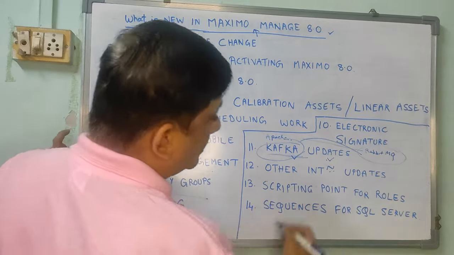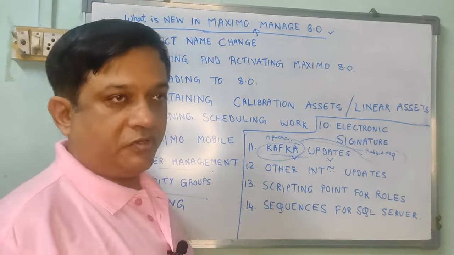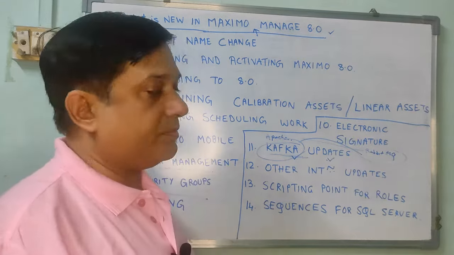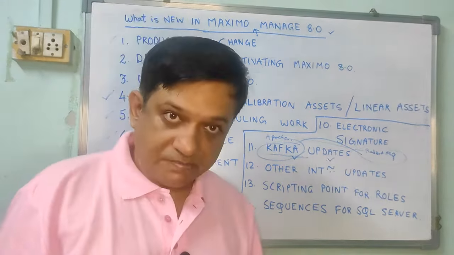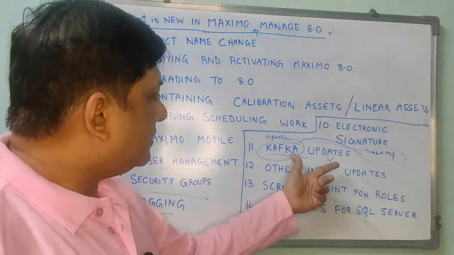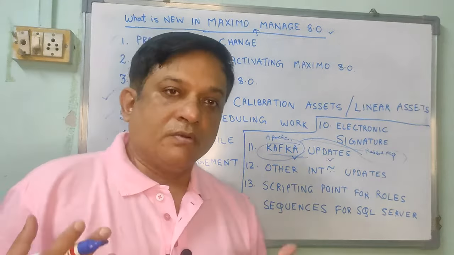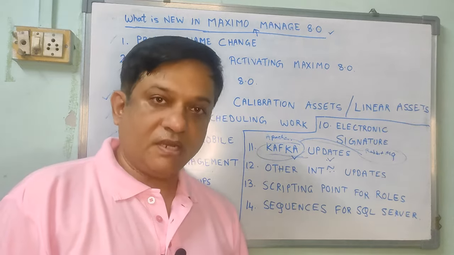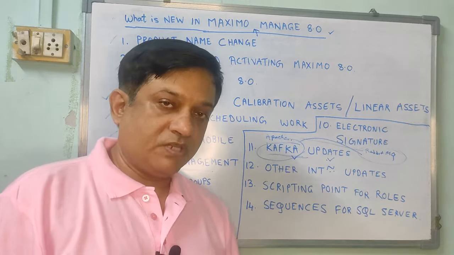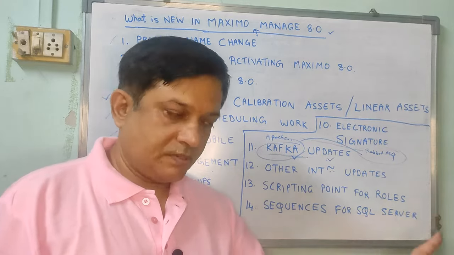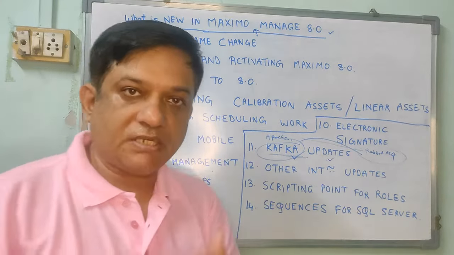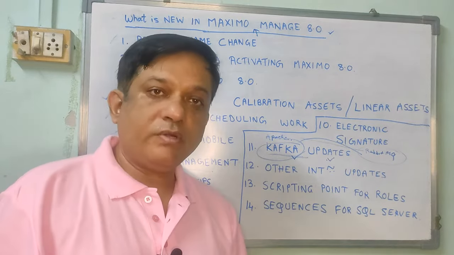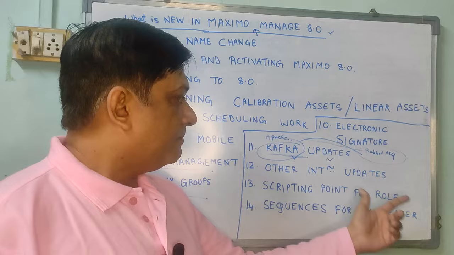Then other integration updates are that earlier we used to use RMI, say remote messaging interface, but now you can use web services. So in this integration, there are three different types of integration. One is synchronous, which is real time: send the message and get the message. So a message queue is formed.